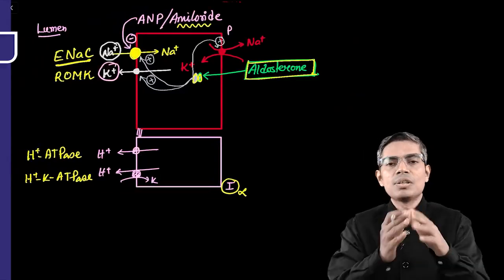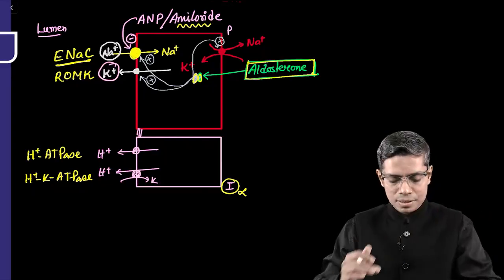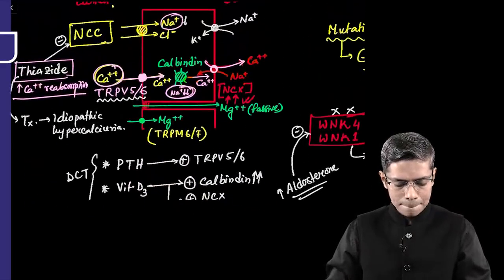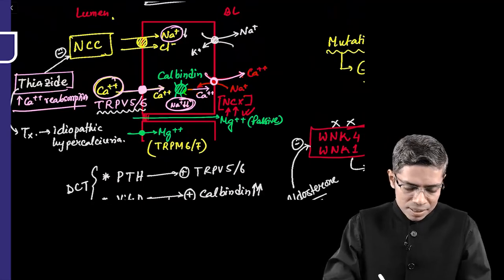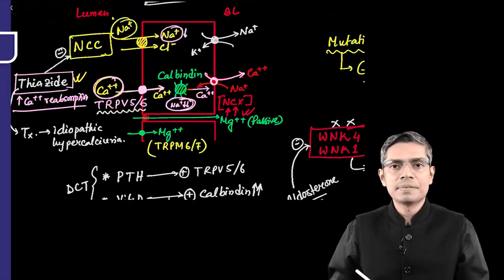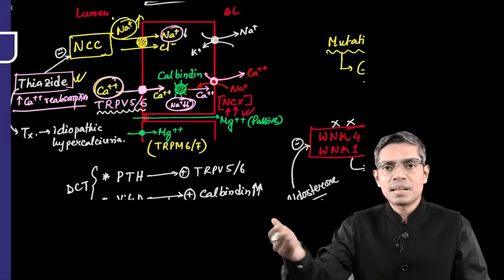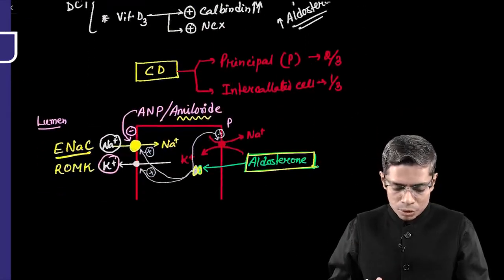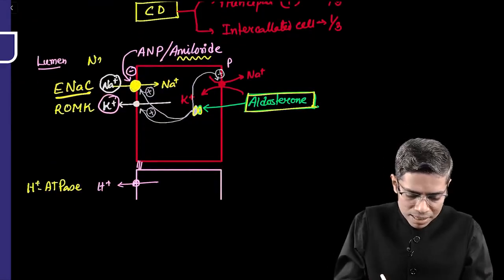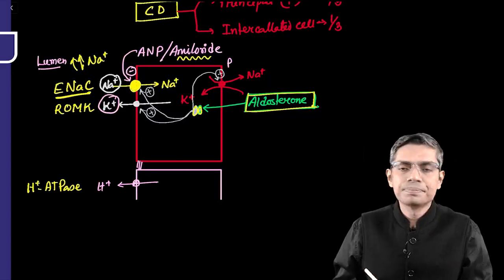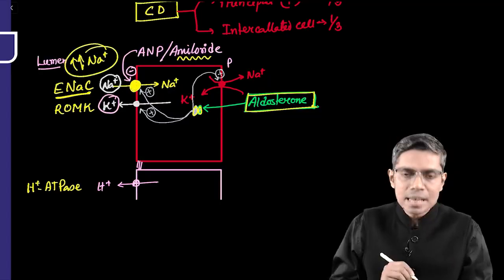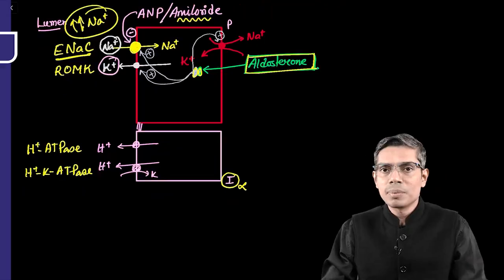I told you in the previous discussion that if you give thiazide diuretics, you are preventing sodium reabsorption at the level of the DCT. So sodium delivery to the distal part of the nephron will be more. Whenever sodium is more at the level of the collecting duct cell, more sodium will be reabsorbed by the ENaC channel if the ENaC channel is normal, right?